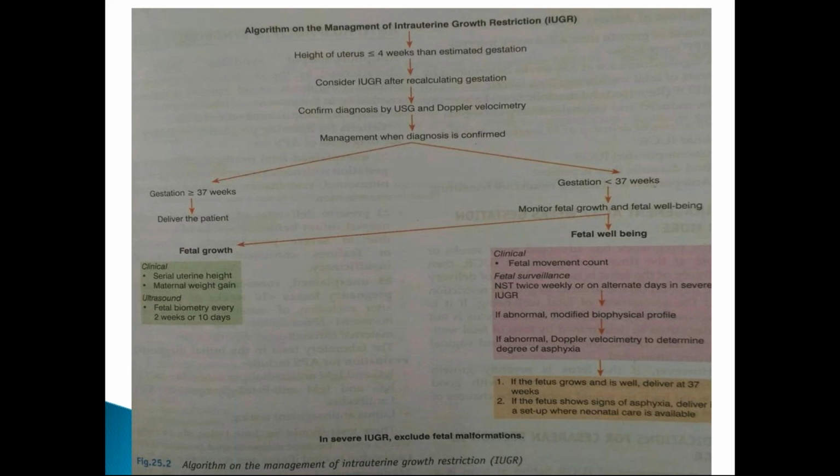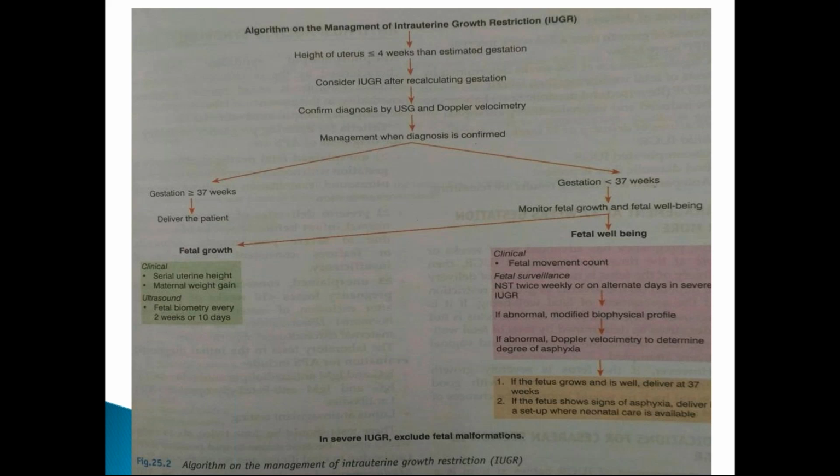So the first thing is early identification and monitoring of the baby. Find the cause of the IUGR, whether it is hypertension, anemia, and treat the causes.